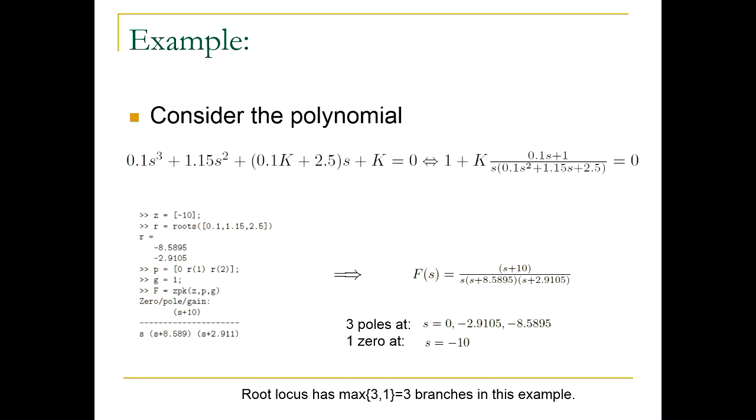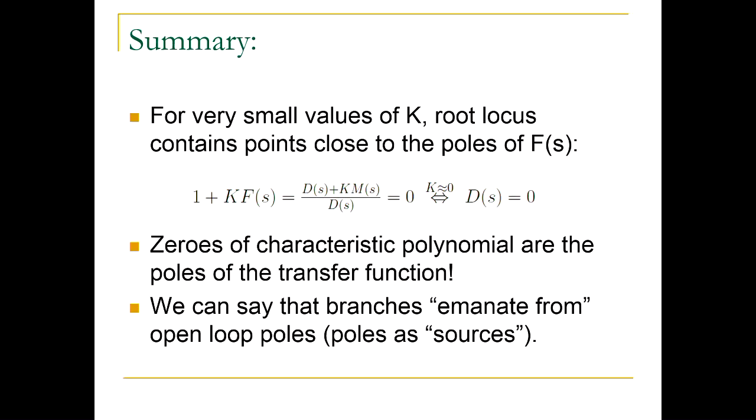In other words, for small gain k, the zeros of the characteristic polynomial of the closed loop are roughly equal to the poles of the open loop transfer function. What I mean by open loop transfer function is this f. That's the terminology I use.